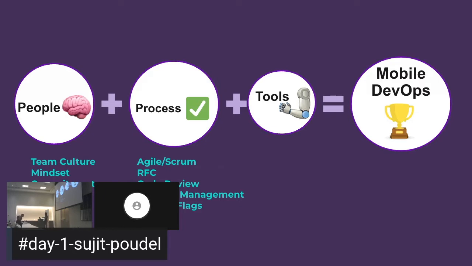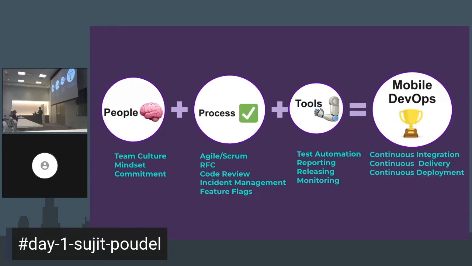You have RFCs, code reviews, all kinds of incident management, managing feature flags based on your new releases and stuff like that. And then on top of that, you have the tools surrounding your mobile apps, test automation, reporting like TestRail or something, and then you have a process to release it and to monitor it. When you put all of this together, we have basically continuous integration, delivery, and deployment, what we consider mobile DevOps.